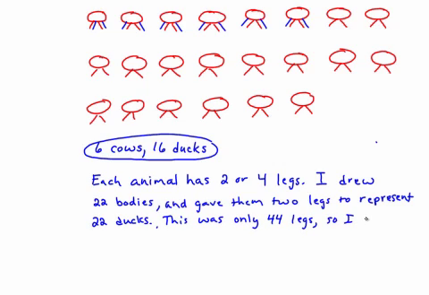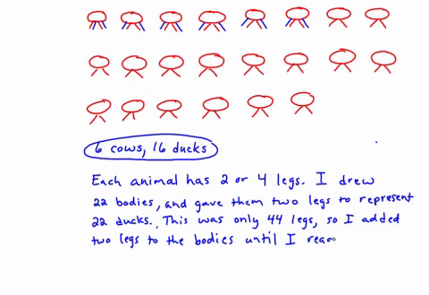So I added 2 legs to the bodies until I reached 56 legs. So therefore, I have 6 cows and 16 ducks.